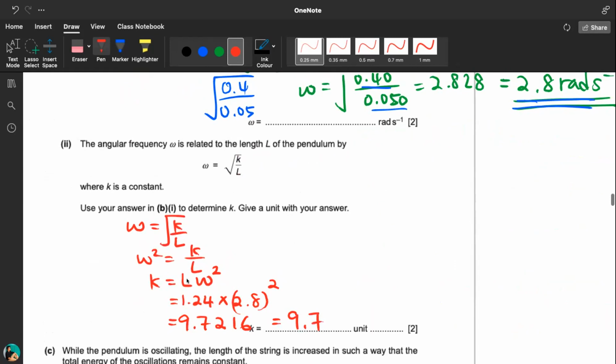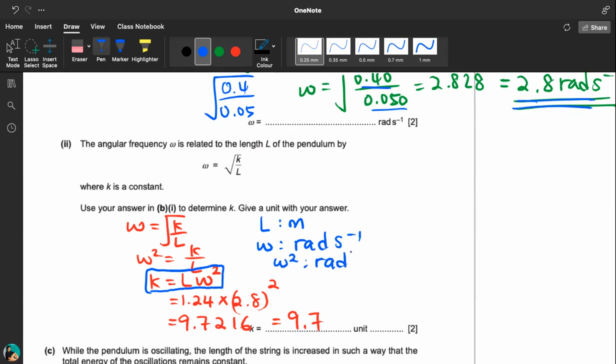If you see the unit of K, K equals L omega squared. L is meter, omega is radian per second, so omega squared is radian squared per second squared. So L omega squared is m radian squared s to the minus 2.